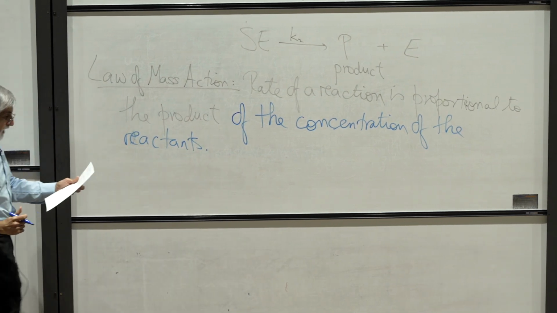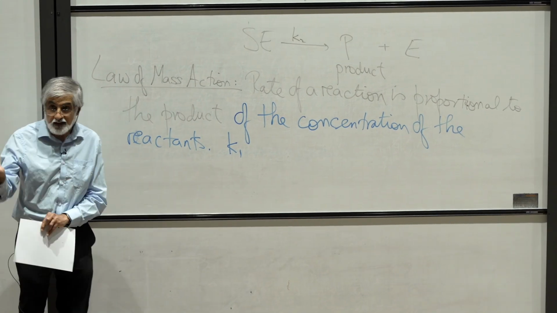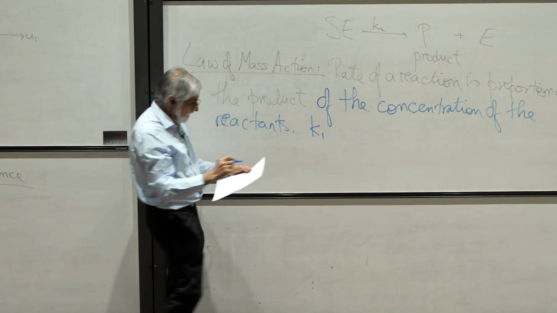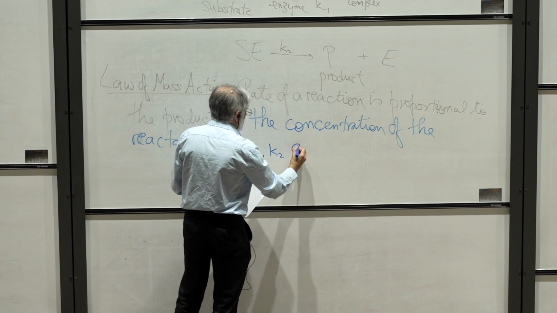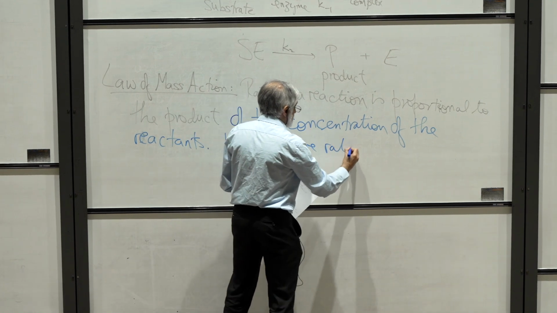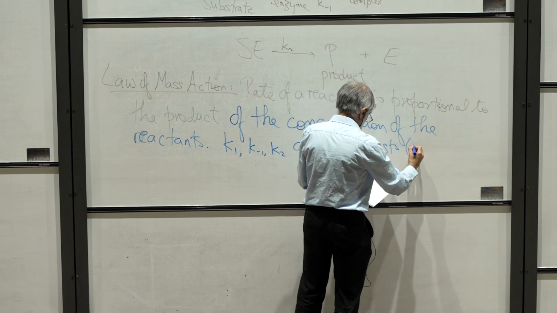And the rate constants, so if it's proportional, then it's multiplied by a constant, and K1, K-1, K2 are the rate constants. And they're positive.